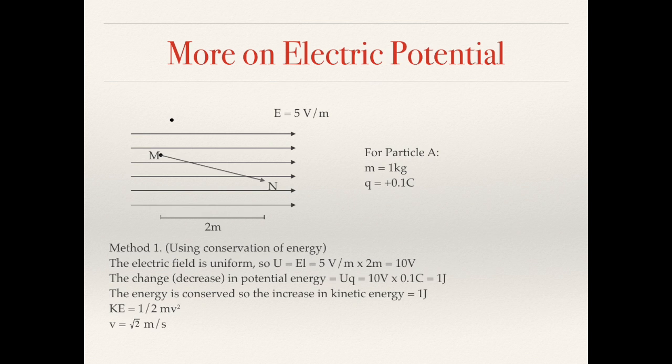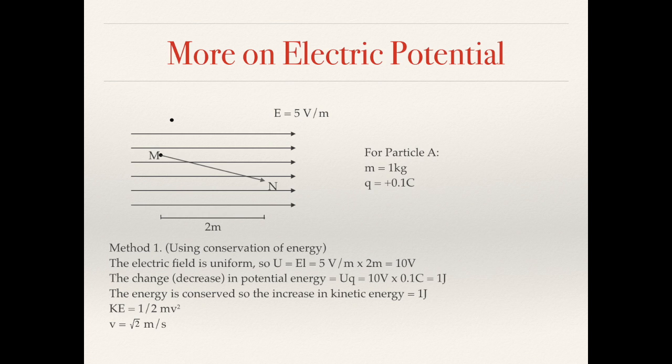So the potential difference is equal to 5 volts per meter times 2 meters, which is 10 volts. And as we have learned, the electric potential is equal to the electric potential energy over q. So here we'll calculate the potential energy, which is equal to the change in electric potential times q. So the change in energy is equal to 10 volts times 0.1 coulomb, which is 1 joule.